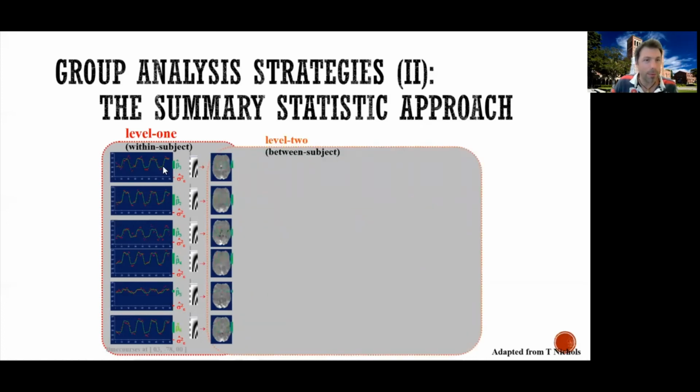So we take the betas from the first level, and then we use those in the second level analysis. Again, we average the effect across all the participants, and boom, here's the group level effect, the group level beta, or beta G. That's how big the effect is.